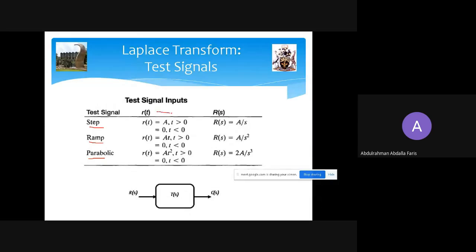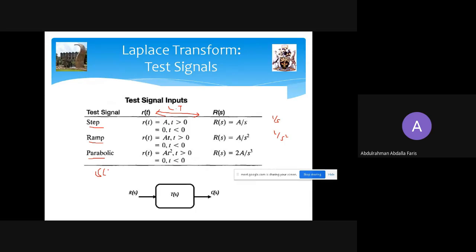The Laplace transform pair of a step input is 1 over S. If it is a unit step input, you have 1 over S because A is equal to 1, and this is for the parabolic.